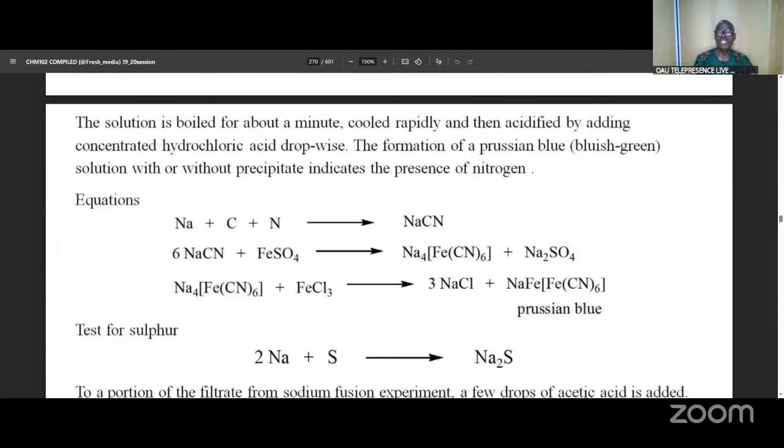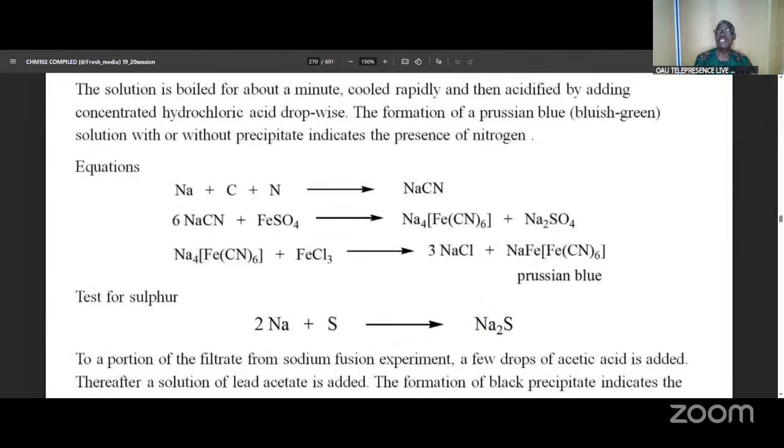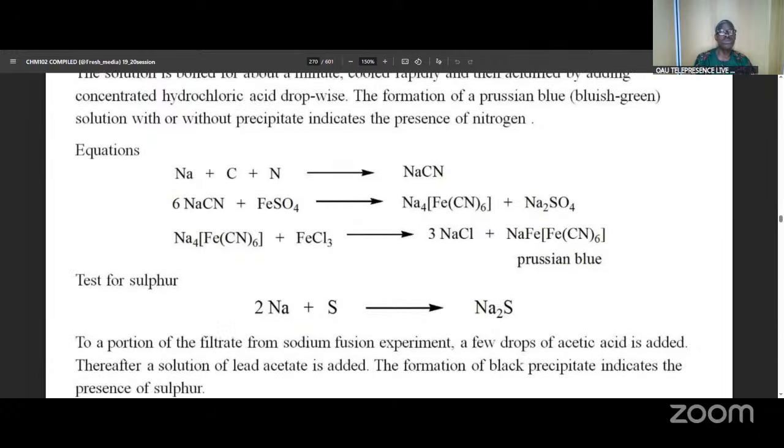Then you cool it rapidly, and then you acidify by adding concentrated HCl dropwise. There is formation of a Prussian blue or a bluish green solution, with or without precipitate, and that indicates the presence of nitrogen.